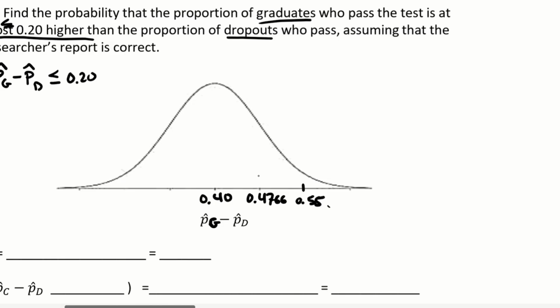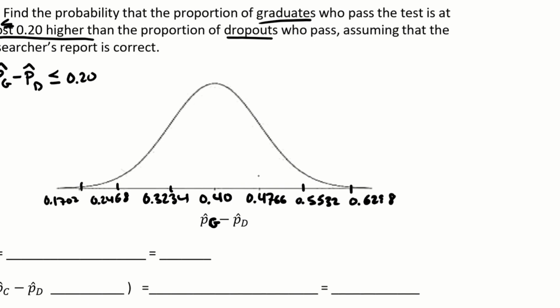Now I'm going to subtract on the left side, and we're going to label our point 0.20. We want it to be less than or equal to, like that.